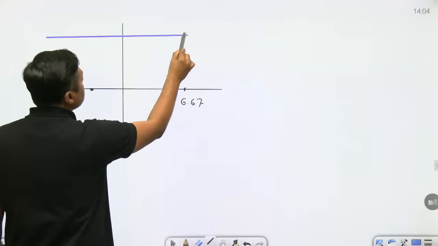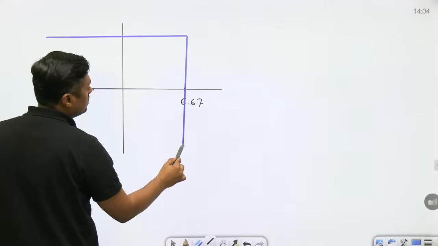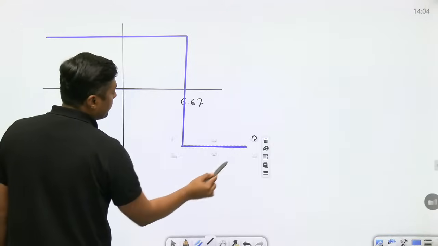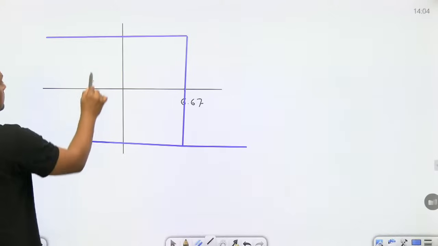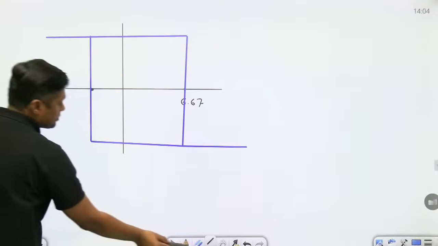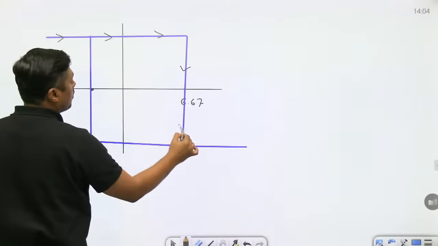First of all, it will increase, then it will cross the upper threshold, and then it is negative. In the second case, it will go like this. This is the transfer characteristic for this one. That is the path, clockwise direction.